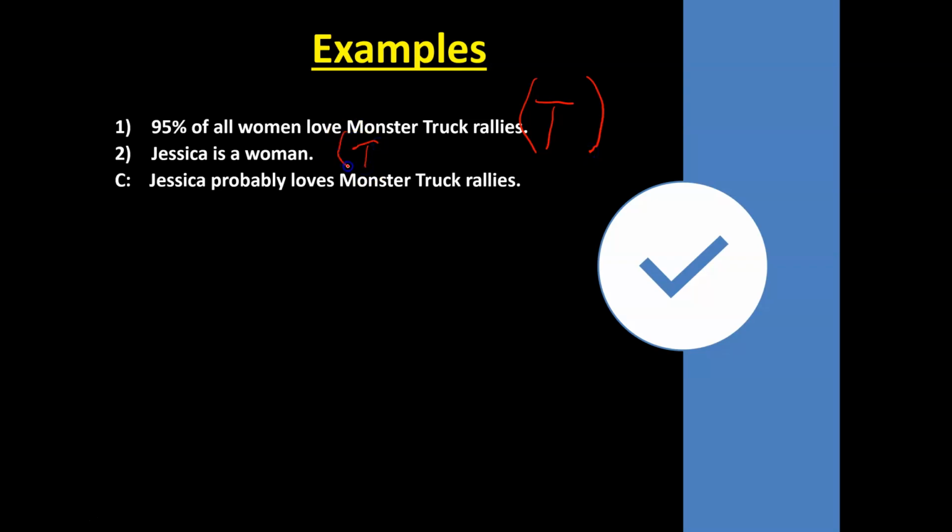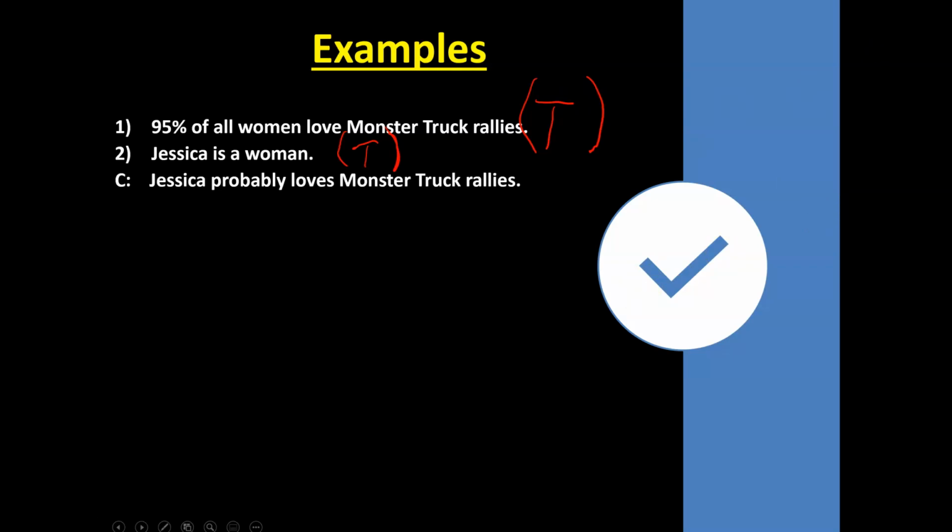Pretend for a second that that's true. And then ask yourself, if those were true, would this conclusion follow with likelihood? And the answer is yeah. If these two were true, then it's probably true that Jessica is going to love monster truck rallies as well.